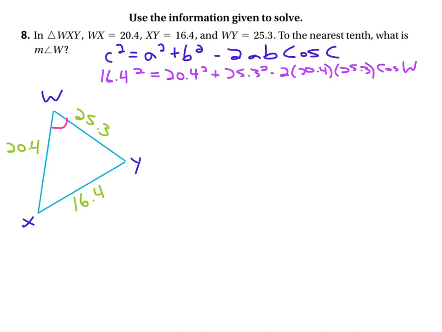And we can come up with numbers for all these by using our calculator. And really, I think this is going to be the best way to do it.